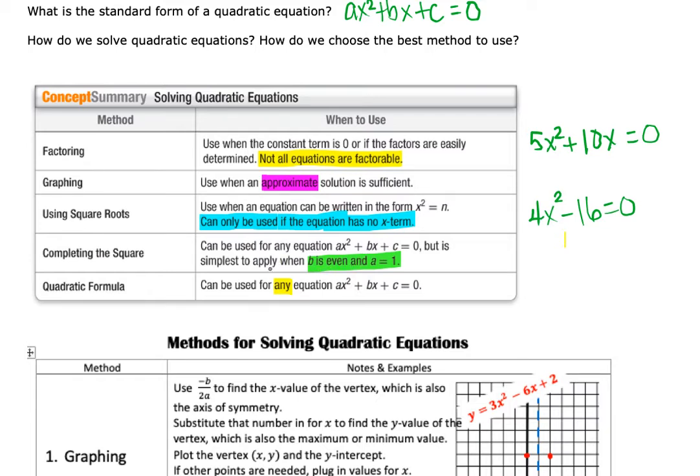And lastly, what we're doing this week is the quadratic formula. And the cool part about the quadratic formula is that you can use it for any equation, no matter what. So my past students have always decided at this point if they like it or if they don't.